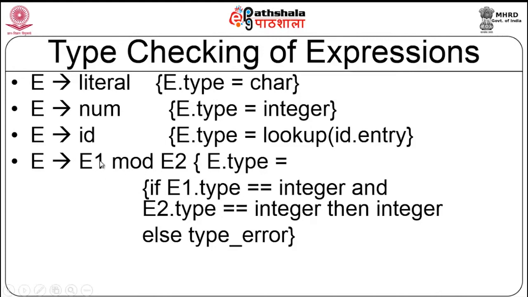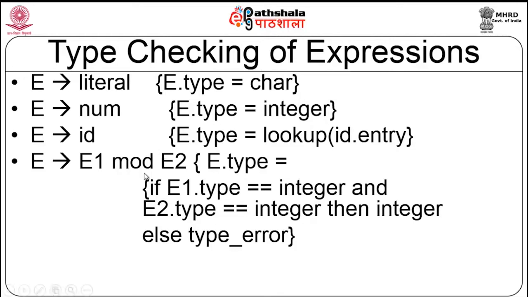So I can compute the mod only if E1 is an integer and E2 is also an integer. If so, I can compute the modulus of these two integers, and what will mod return? Mod returns the remainder of E1 and E2 after division. So the LHS will also be of type integer.